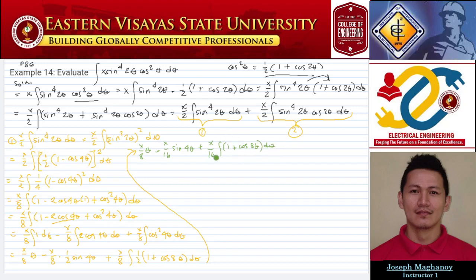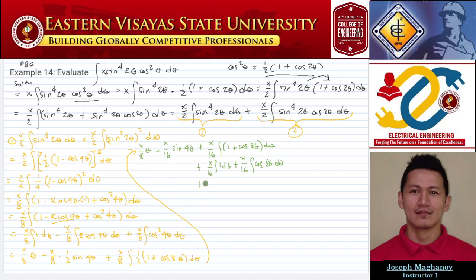Here we can distribute x over 16 to our quantity. So plus x over 16 integral of 1 d theta plus x over 16 integral of cosine 8 theta d theta.